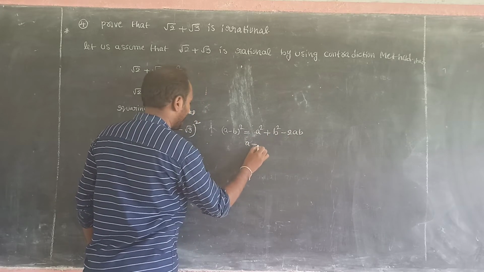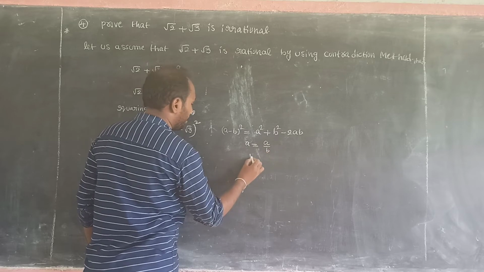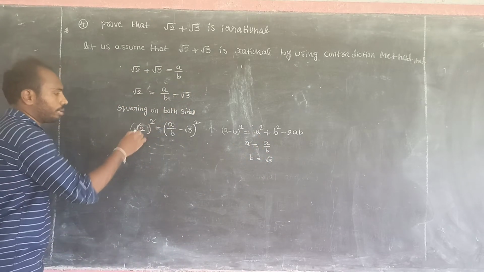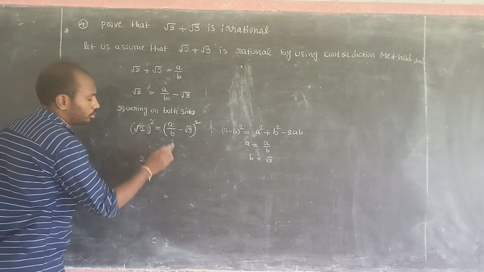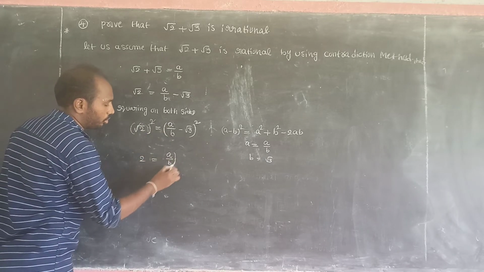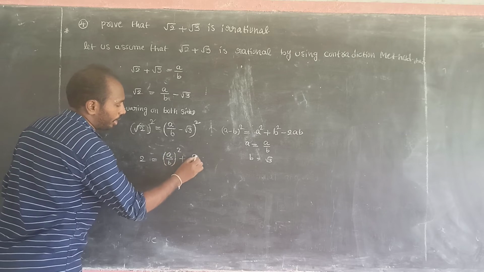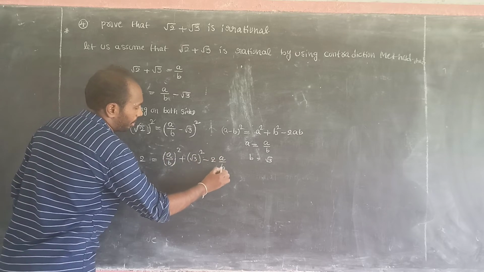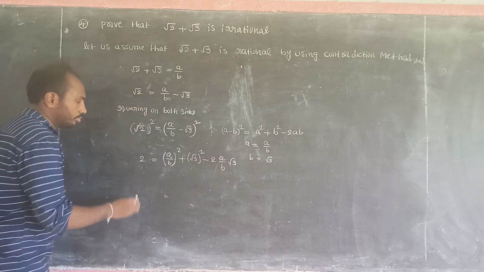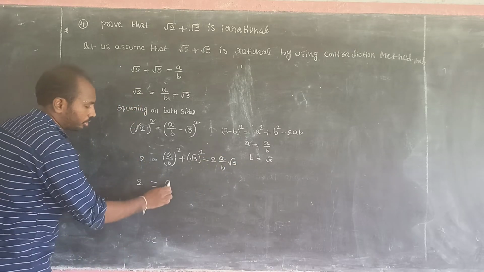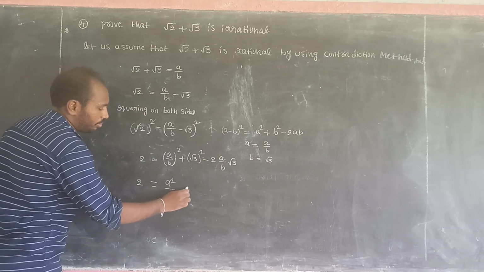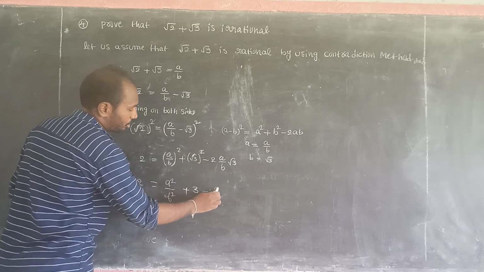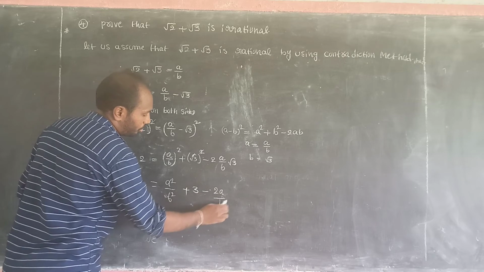Here a is a by b, and b is the root 3 value. So 2 is equal to (a by b) whole square plus (root 3) whole square minus 2 times a by b times root 3. 2 is equal to a square by b square plus 3 minus 2a by b root 3.